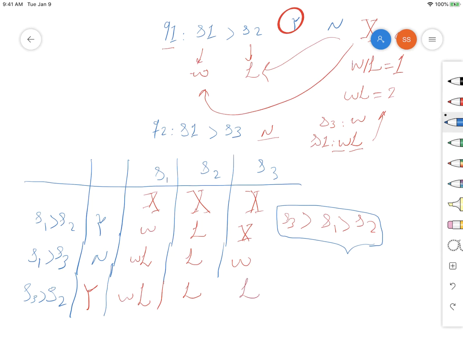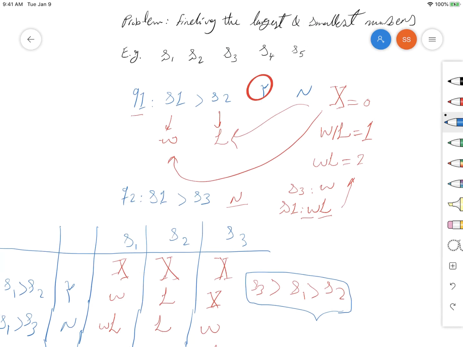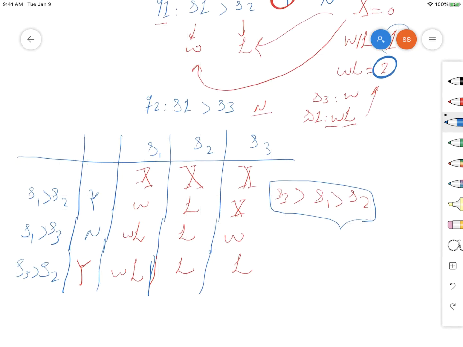Do you see what's happening here? We ask a question that doesn't add any information for us. We said that any W, win or lose, gives us information of 1, or WL gives us information of 2. But here, as you see, there is no change in status of any of these values.